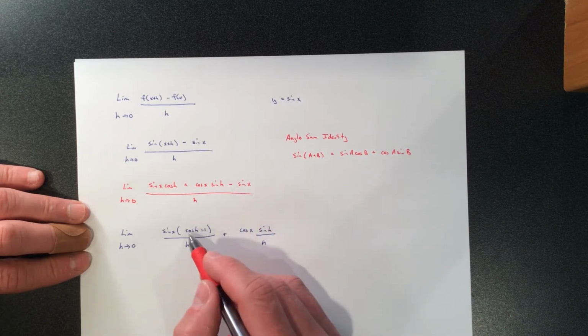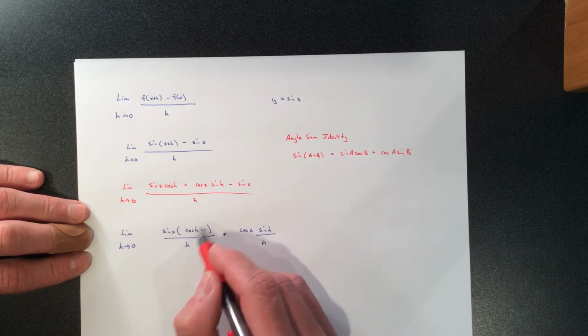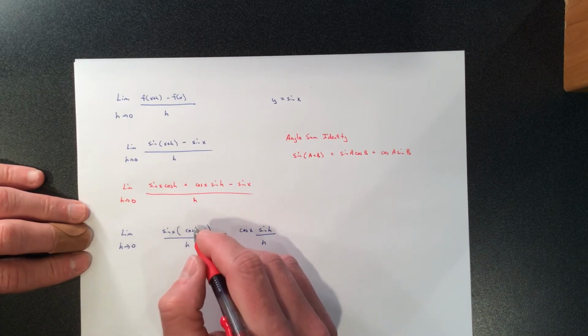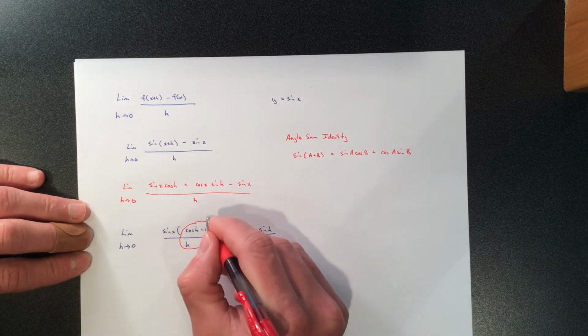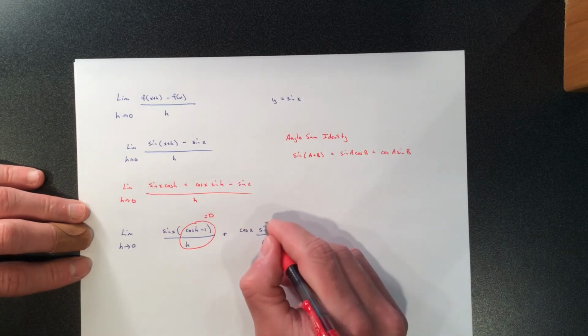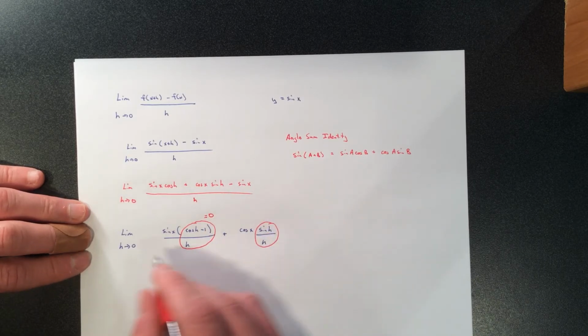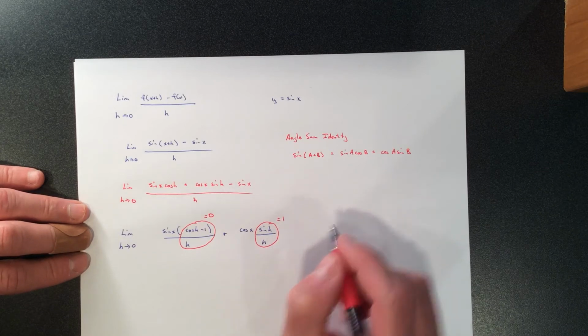And I think there had to be some time in your limit work that you decided that the limit of cosine h minus 1 over h as h goes to 0 is 0. And again, you're going to have to go through some work, but that limit is equal to 0. This limit as h goes to 0 is equal to 1. Okay?